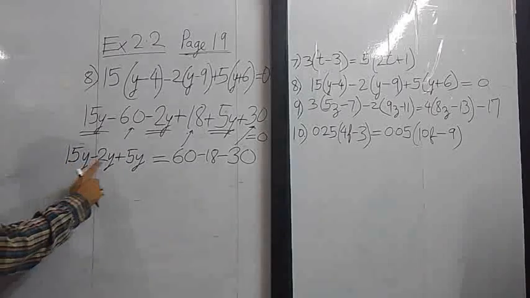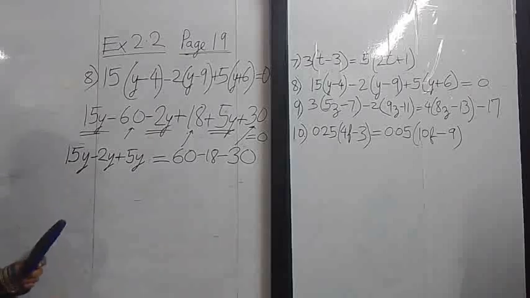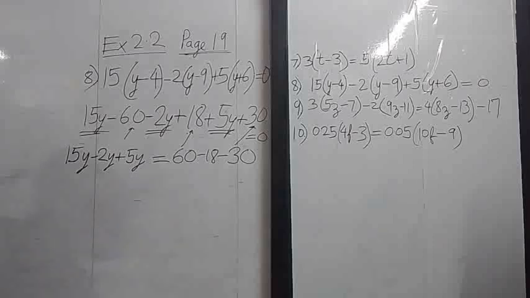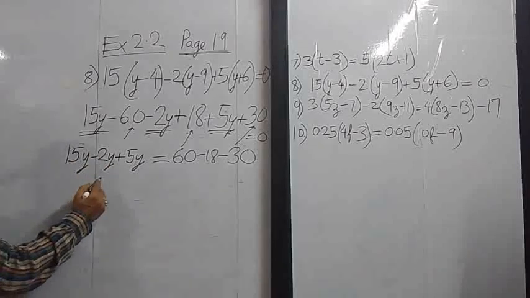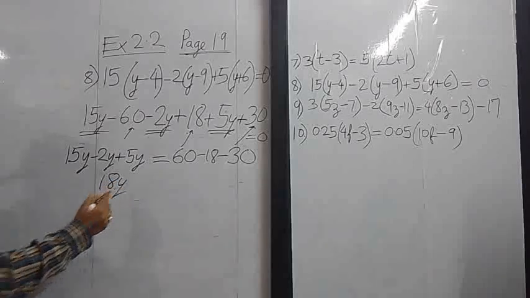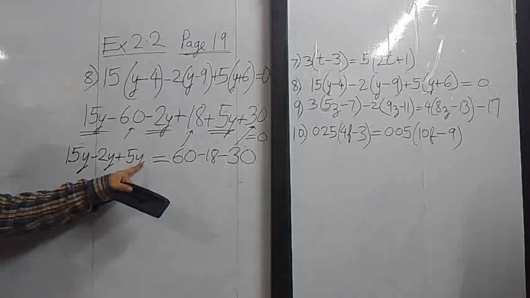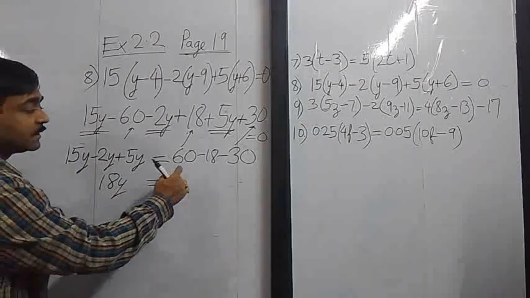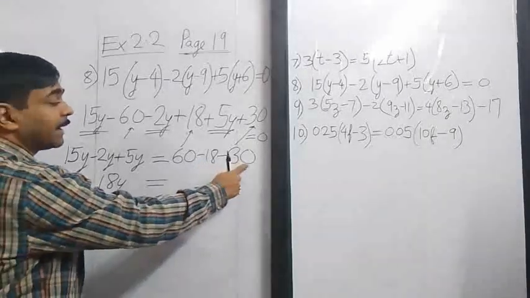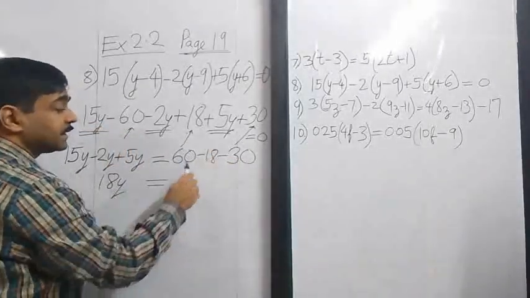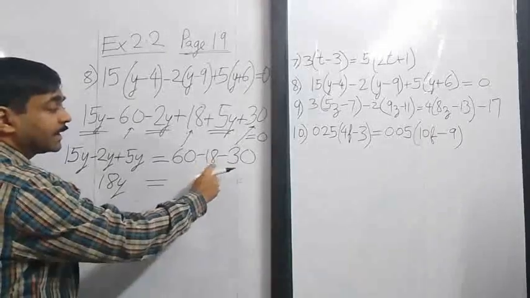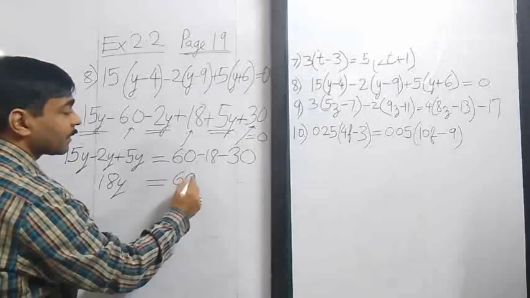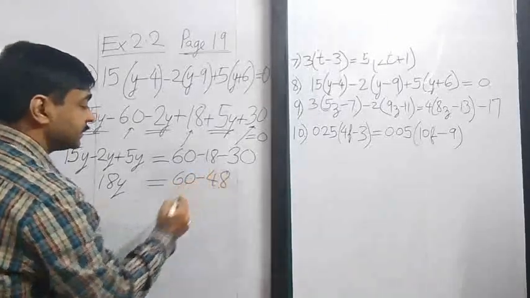I'll say 15y minus 2y plus 5y. For our convenience, we shall take the terms which are positive. 15y plus 5y is 20y. 20y minus 2y is 18y. 15 plus 5 is 20. 20 minus 2 is 18. 18y equals 60 minus 18 minus 30. 18 plus 30 is 48, so this is 60 minus 48.